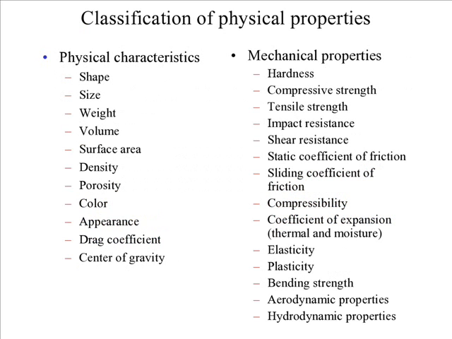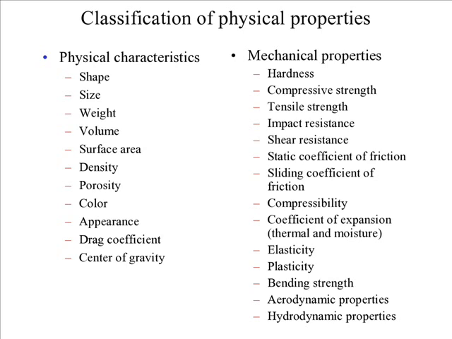There are several different classifications of physical properties that we'll deal with in this course. The first are physical characteristics. Those are things such as shape, size, weight, volume, surface area, density, porosity, color, appearance, drag coefficient, and center of gravity. Also, there are mechanical properties that are of interest.